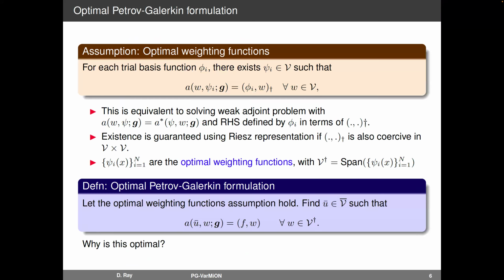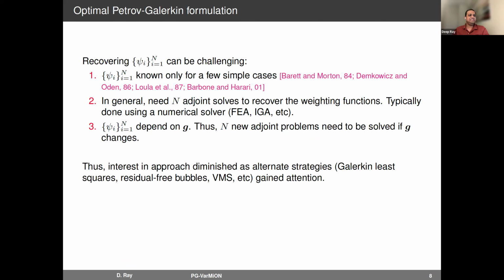The whole point is that if my G changes, then I cannot reuse the same psi's, because these optimal weighting functions depend on G. So I have to solve n new adjoint problems each time my G changes. Suddenly it becomes extremely expensive to use this optimal Petrov-Galerkin approach, because each time my G is changing, I need n new solves to get the optimal weighting functions.